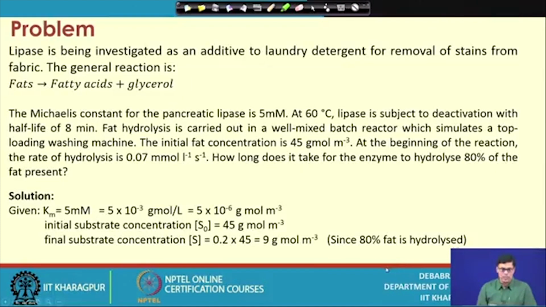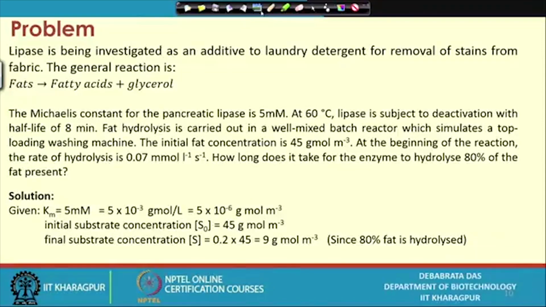Now, let me go to the other problem, a very interesting one. We know that enzymes have a lot of application in the detergent industry, particularly for the removal of stains from our cloth.